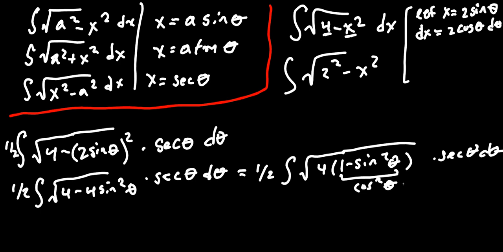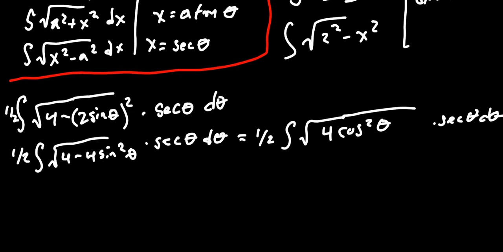So it lines up perfectly to be that we have the square root of 4 cosine squared theta. And we actually can easily take the square root of this. Super simple stuff. So this will be equal to 1/2 the integral of 2 cosine theta times secant theta d theta.